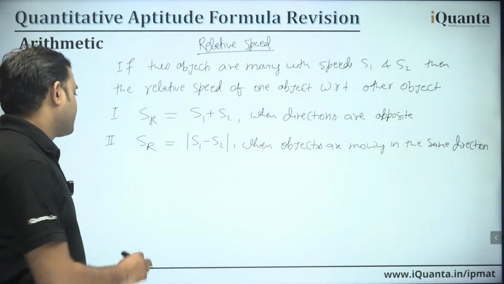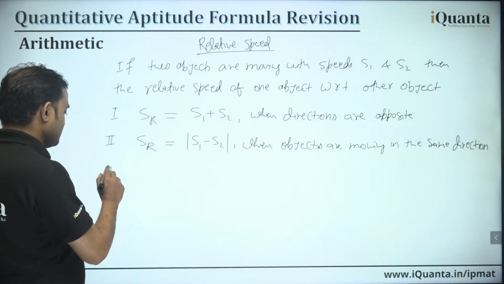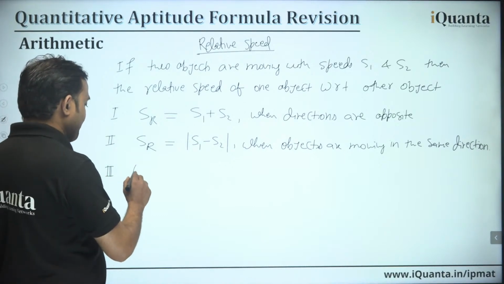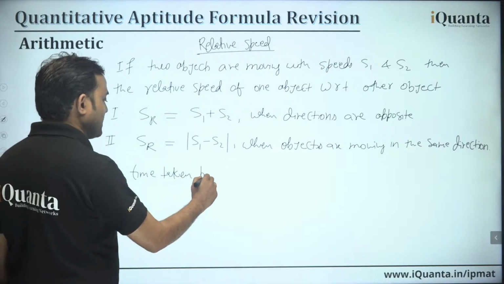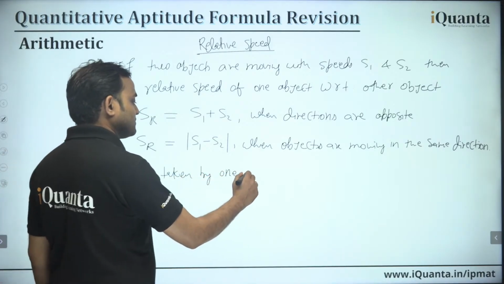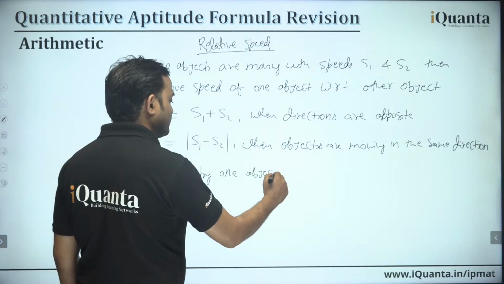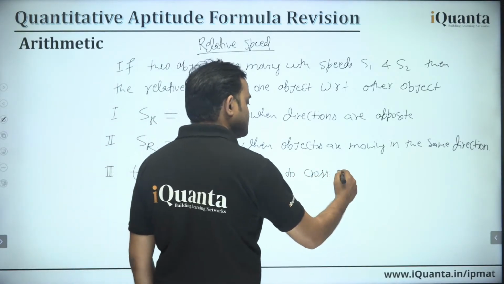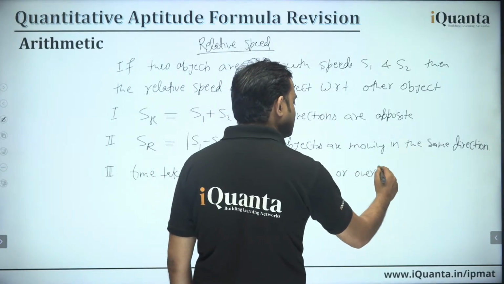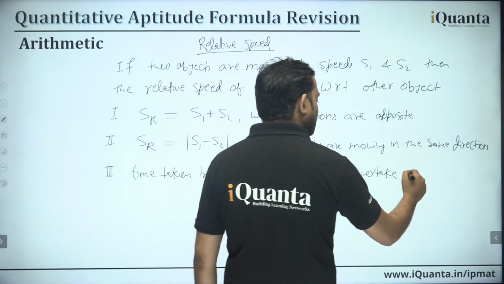Then comes the third point, which says the time taken by one object to cross or overtake the other object.